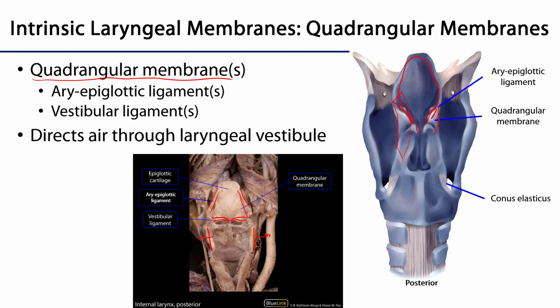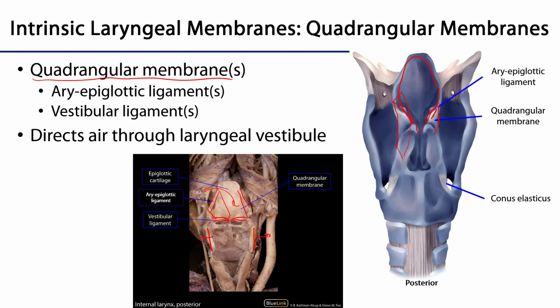So if we were to sort of outline, there is a complete quadrangular membrane spanning the distance between arytenoid cartilage, epiglottis, and thyroid cartilage. And so helping air in or out, but more importantly, in through the laryngeal vestibule.